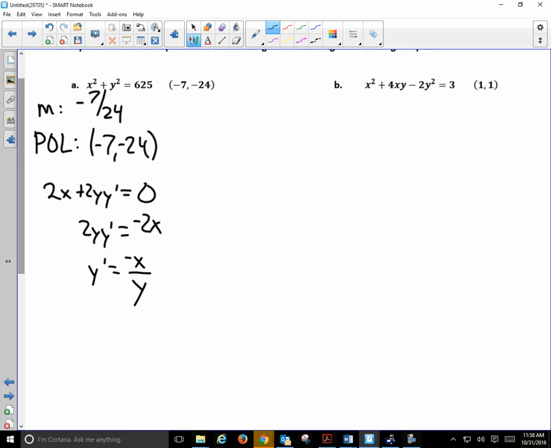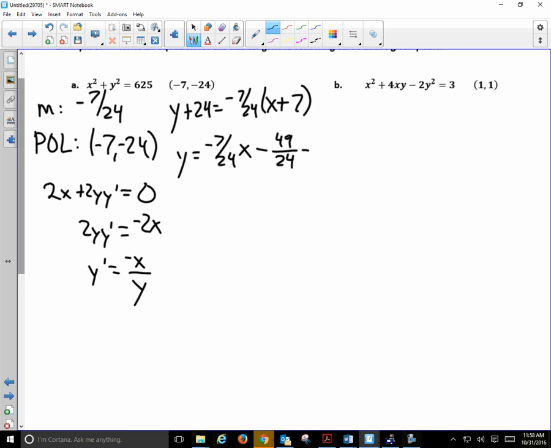Now I need to write my equation for my line tangent. So y equals negative 7 over 24x minus 49 over 24. And I'm going to subtract the 24 over. Find common denominators, 576 over 24.